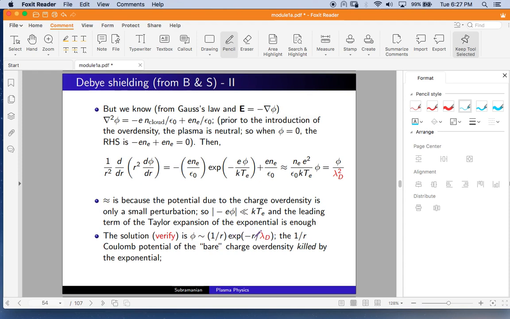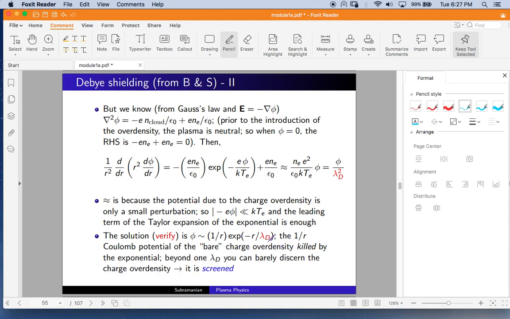This exponential falls off faster than any power. If you go far enough, the exponential will always dominate what it's multiplying. So this would be the bare charge over density. I would simply say bare charge, but you understand that the charge is produced because of the charge over density. That's what I mean here. It's killed by this exponential.